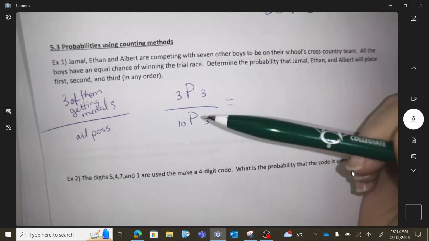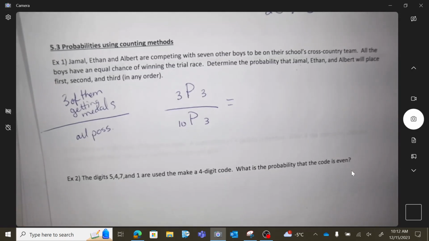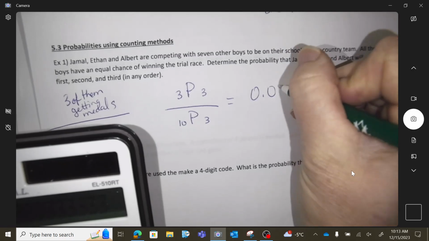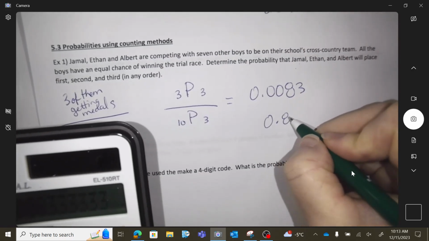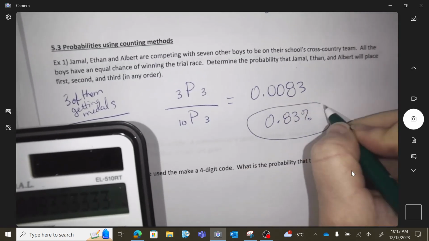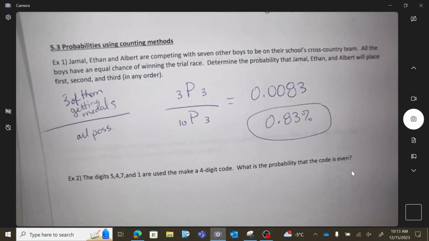So the situation you want divided by the all situation. Very small chance that the 3 of them would be getting the medals, right?